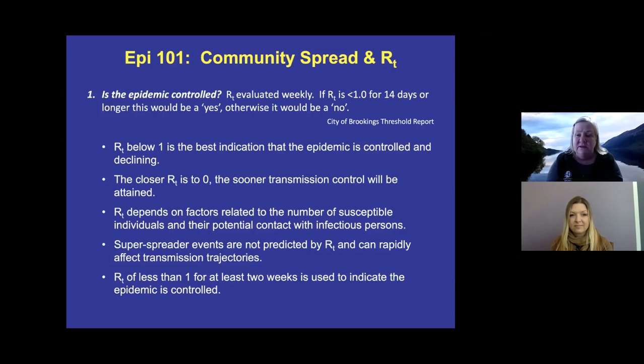Super spreader events, like funerals and weddings, are not predicted by RT and can rapidly affect transmission. So you may not be able to predict a super spreader event with RT. As I mentioned before, an RT of less than 1 for 14 days or longer could be used to indicate that the epidemic is controlled.